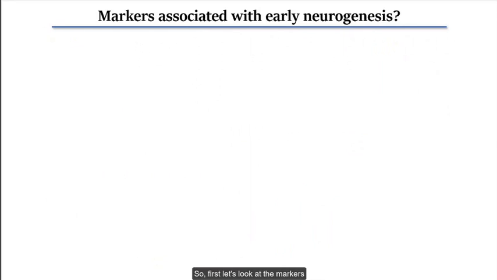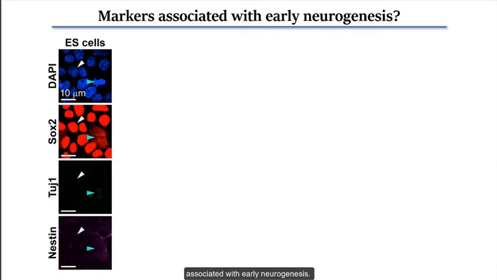First, let's look at the markers associated with early neurogenesis. For example, TUJ1 is a neuronal marker that is very highly expressed early, when the neurons are born.